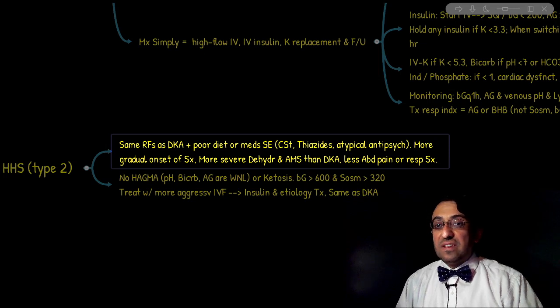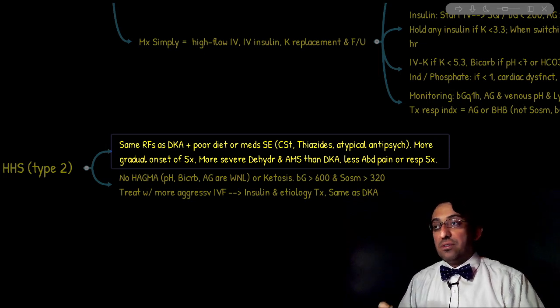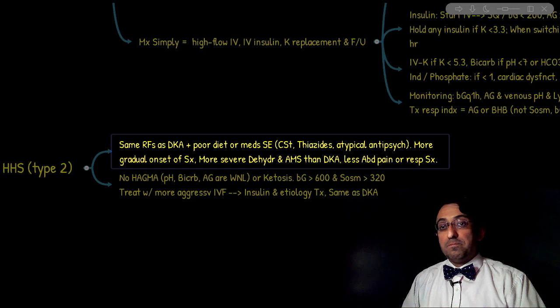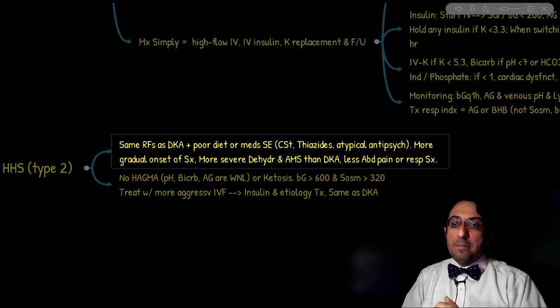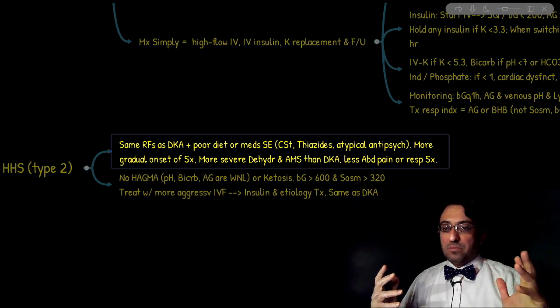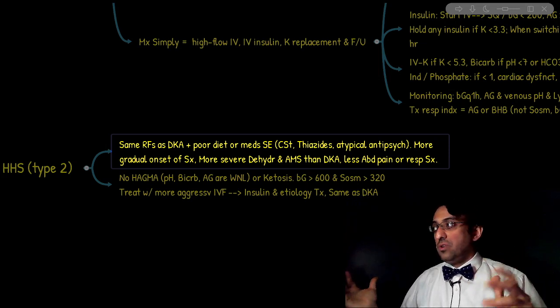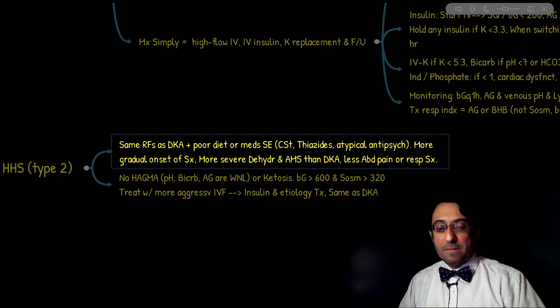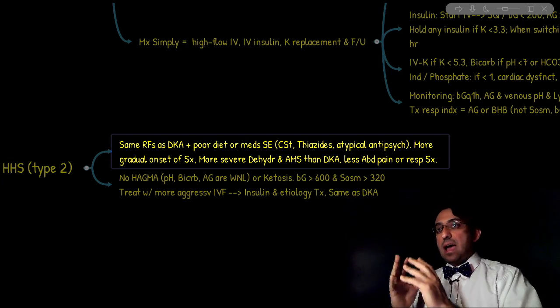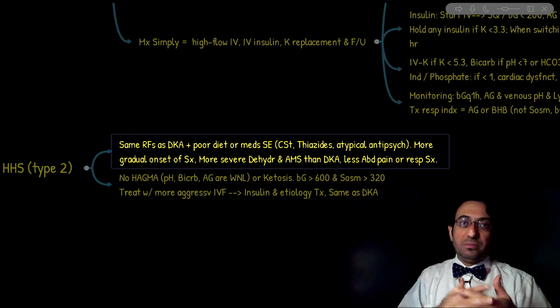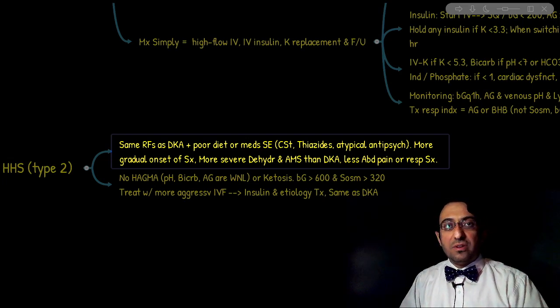In HHS, the symptoms initiate in a more gradual manner. We have more dehydration symptoms and deeper alteration of mental status, like even coma, or focal neurologic signs, or seizure possible. On the other side, abdominal pain and respiratory symptoms such as Kussmaul breathing are not so common.